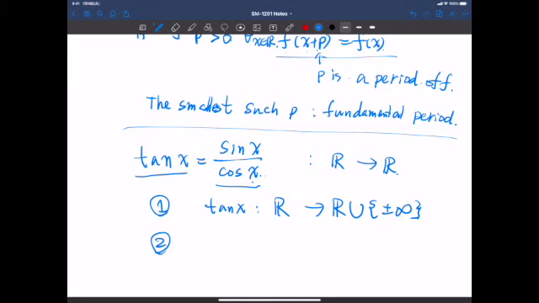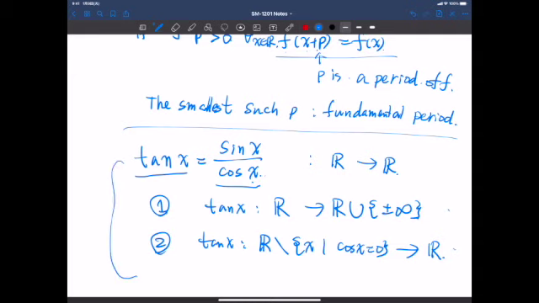So tangent x is a function from R minus the set where cosine x is 0, to real numbers. Okay, so we have two options. Either case, this tangent x is also a periodic function, and you should plot the graph of this function. And it has the fundamental period of pi.